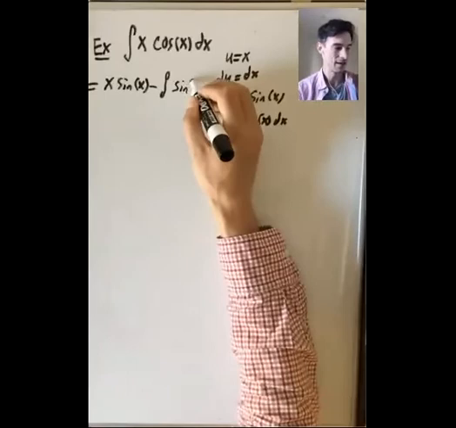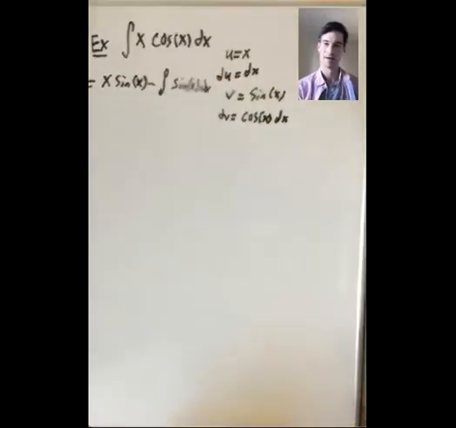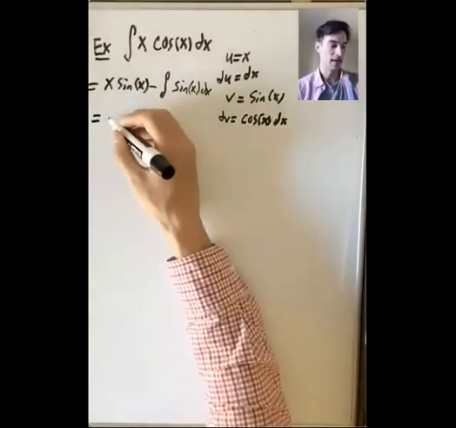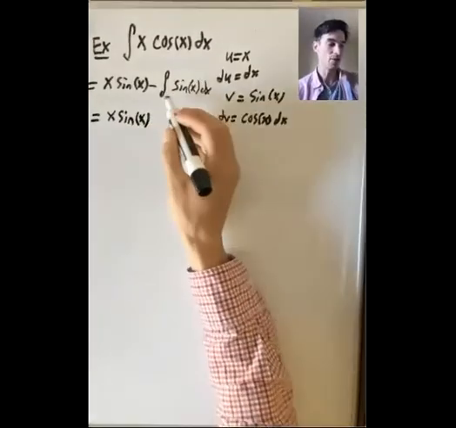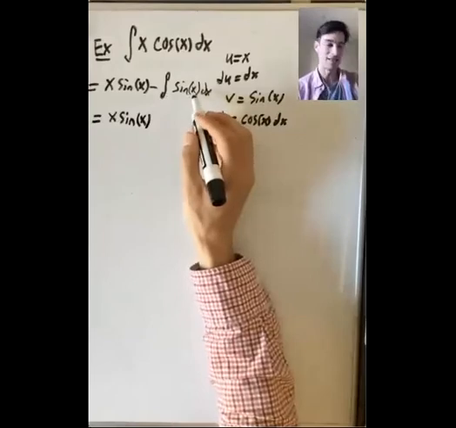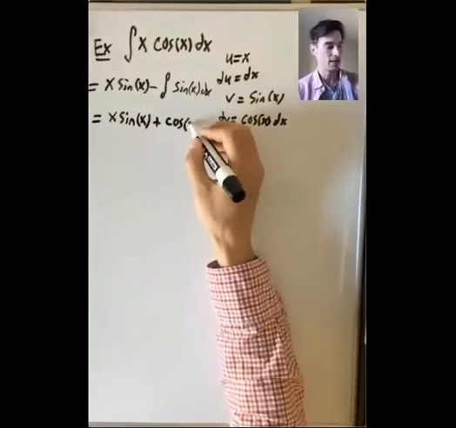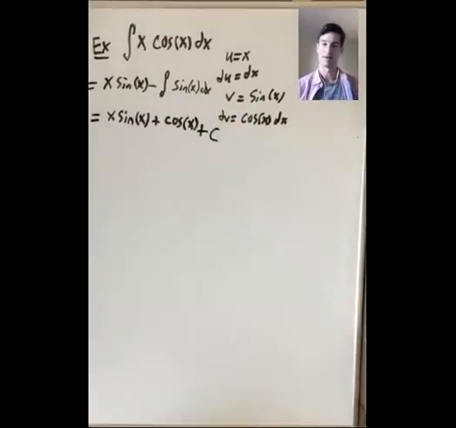So what does that mean? Well, we get x times sine of x, and then we know an antiderivative of sine of x is negative cosine of x. So what we get in the end is plus cosine of x plus c.